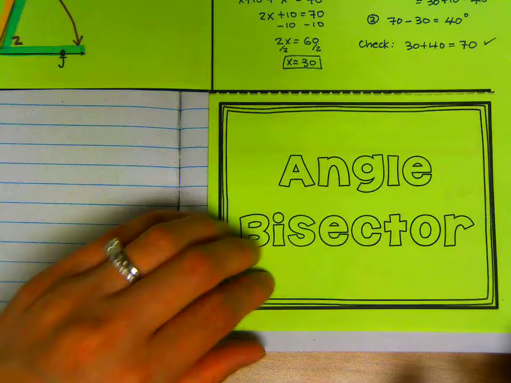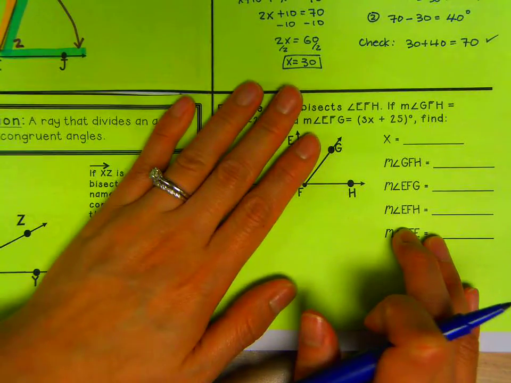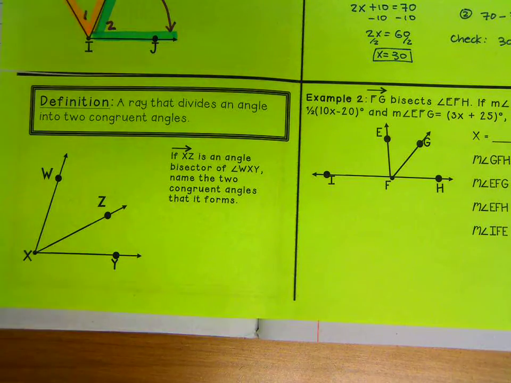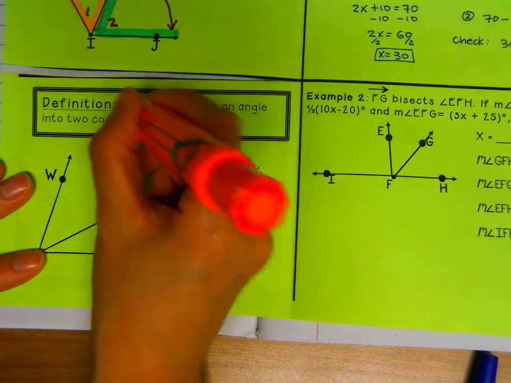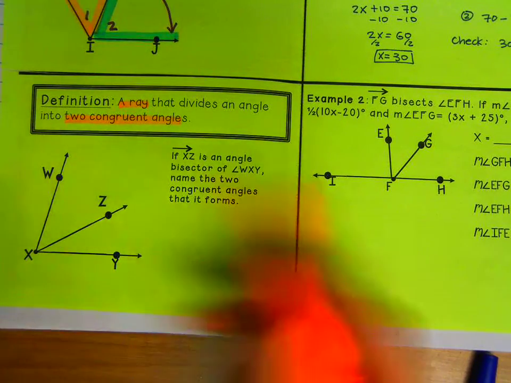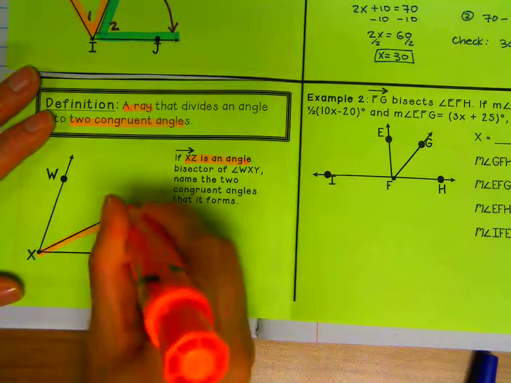Then we're going to look at the angle bisector. I think we know about angle bisectors; we even took the quiz on it. So I'm going to look at the left-hand side of the definition: a ray that divides an angle into two congruent angles. That's what a bisector means, and XC is the angle bisector.